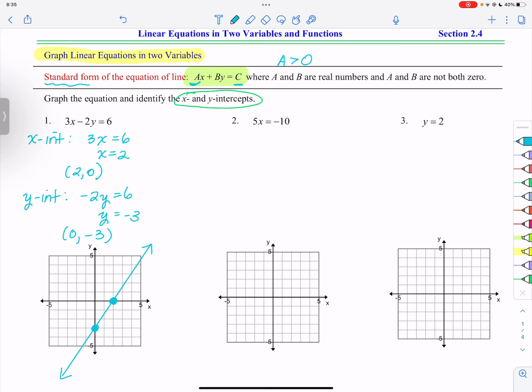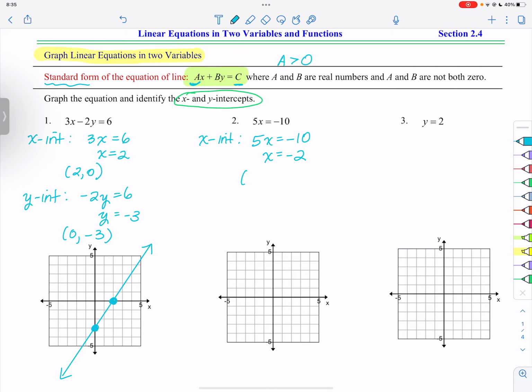Looking at number 2, for the x-intercept, we're going to let y be 0. If we have no y, we will just solve for x. There's not a y to let be equal to 0. So we'll divide both sides by 5, and we get x equal to negative 2.